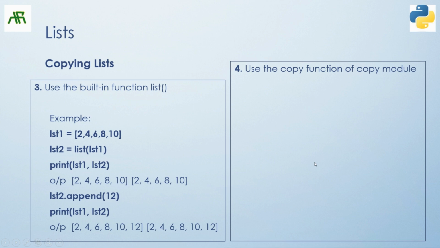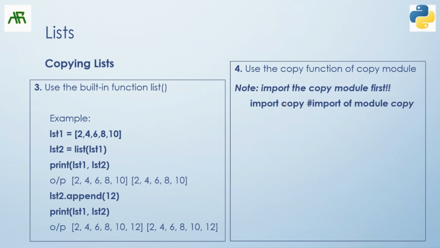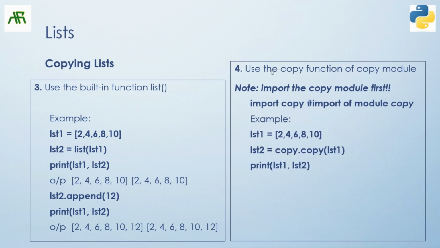The fourth one is using the copy function of the copy module. Remember, if you have to use a function within a module, we have to import the module first. So I'm going to import the module copy into our working domain, and then I have the same list 1 equal to 2, 4, 6, 8, 10, list 2 equal to copy dot copy of list 1, where copy is the module and copy is the function.